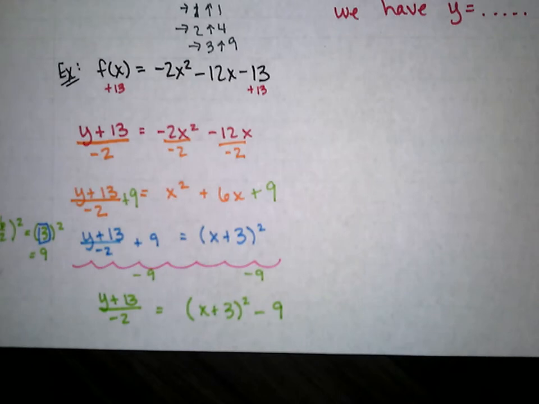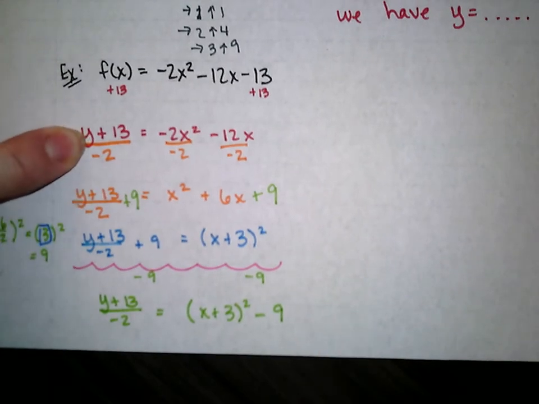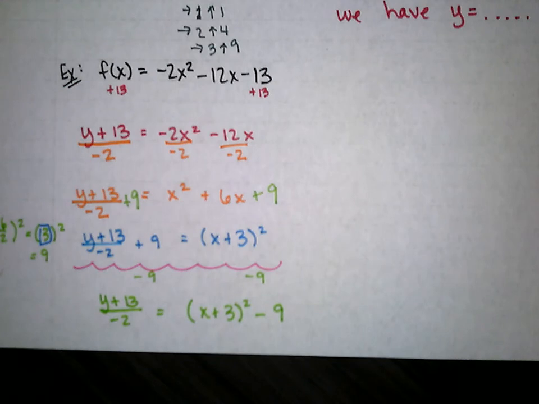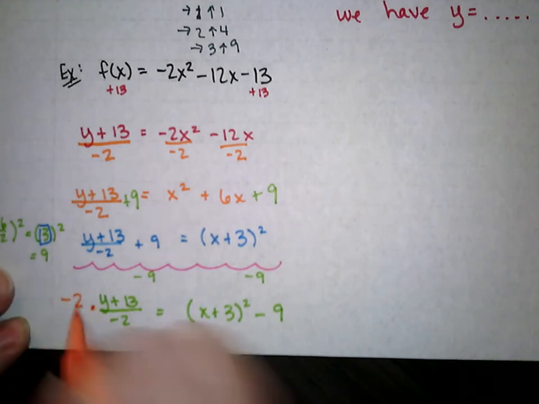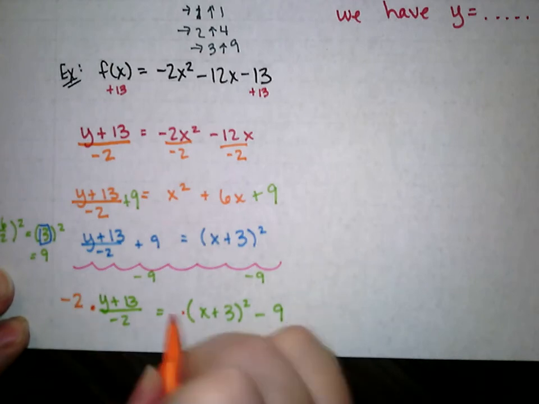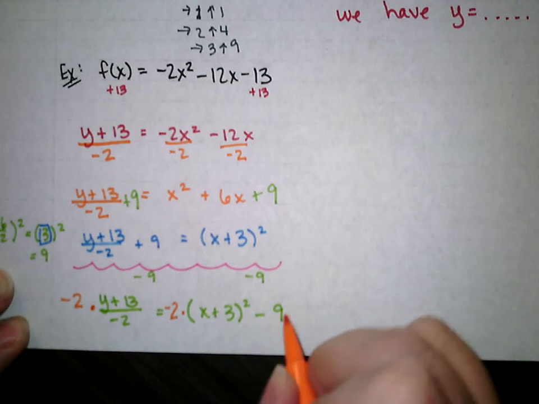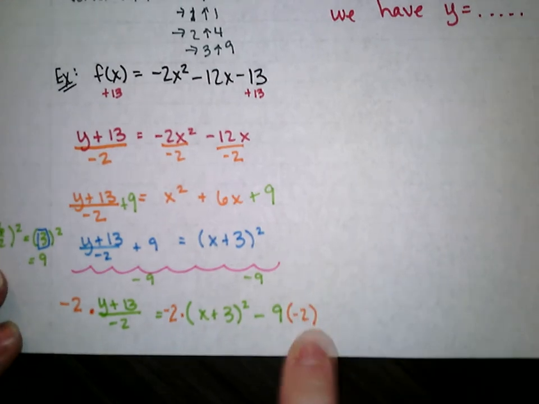Then the thing I did prior to that was dividing both sides by negative 2. So I'm going to undo that by multiplying both sides by -2. Now, when you multiply by -2, that's going to cancel out that -2. We have to multiply the parenthesis by -2 and that constant term by -2.